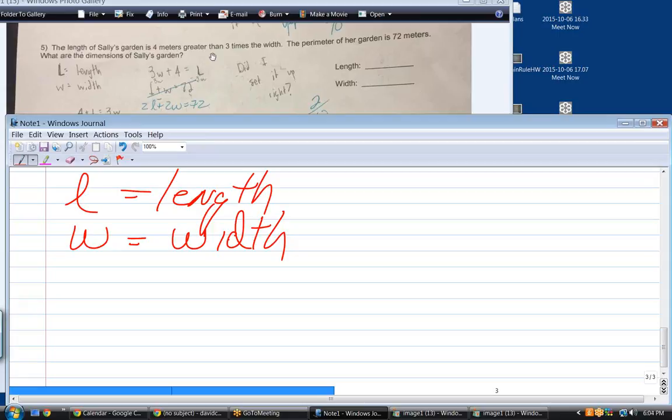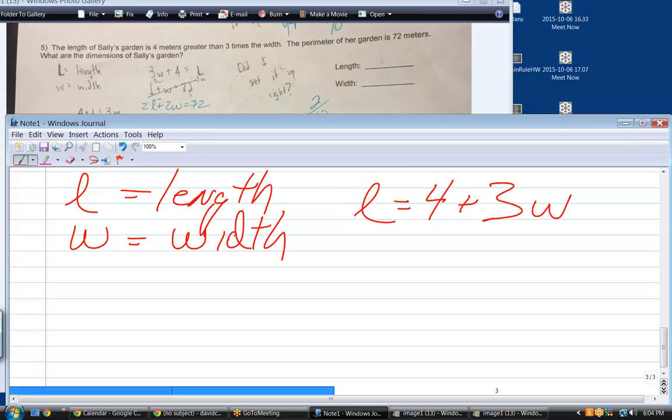How do I say the length equals 4 greater than 3 times the width? L equals 4 plus 3W. You got it. That's equation 1.